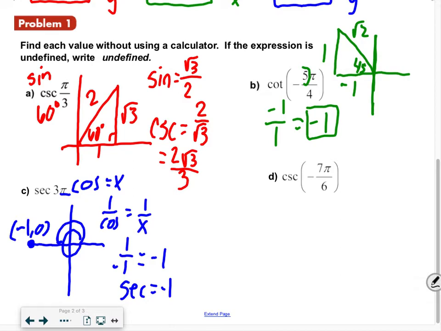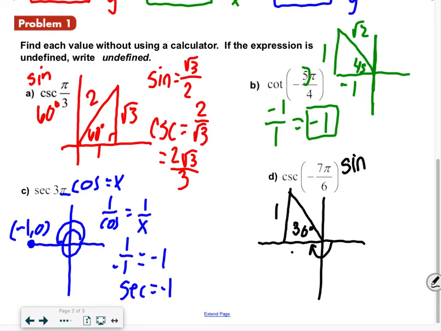And our cosecant is friends with sine. I have -7 pi over 6, so I am more than 180, but negative, so I'm going this way. So I'm up here. Pi over 6 is 30 degrees, so I got 30 degrees right here. Cross with 30 is 1, square root of 3, 2.